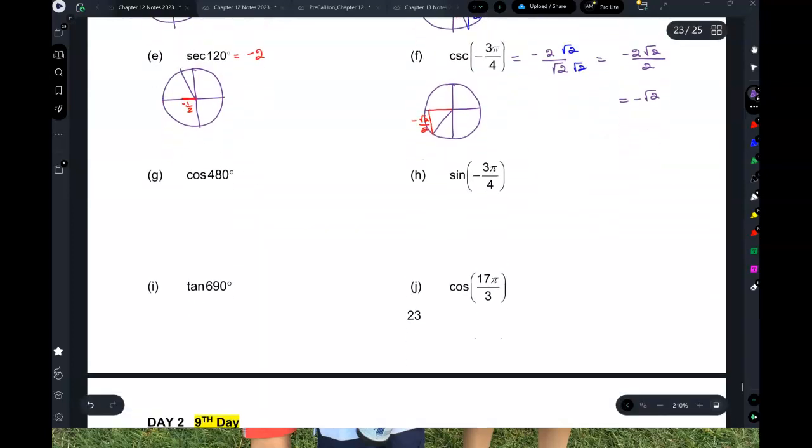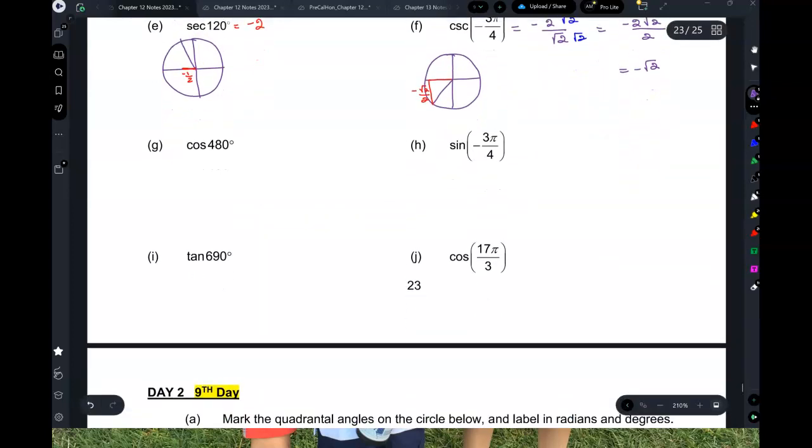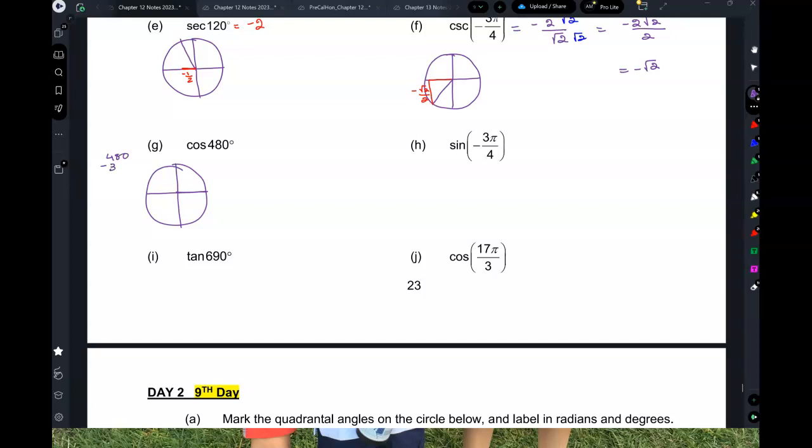Okay, 480. Where's 480? Let's see. Okay, so you go one circle, that's 360. How much do you have left? 120, and that'll be in the second quadrant. Now, is it the big angle or the small angle in the second quadrant?